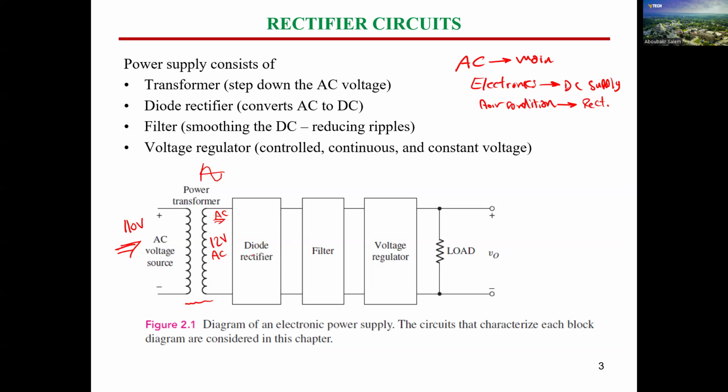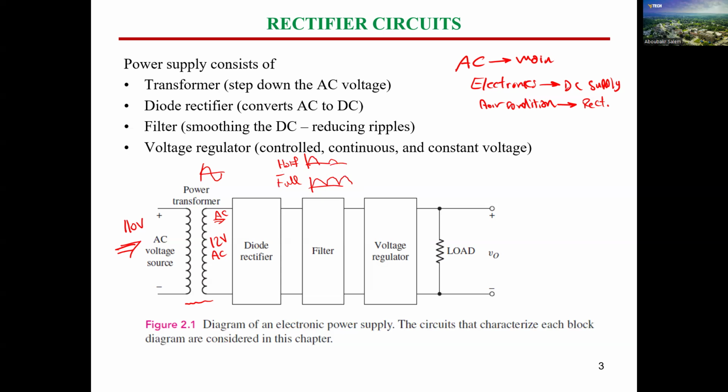For the diode, we don't have control, it's only uncontrolled. So for the diode circuit, you will have uncontrolled half wave and full wave, and we will see together the difference between each one. The half wave is going to be like that. This is the output, and the full wave is like that.